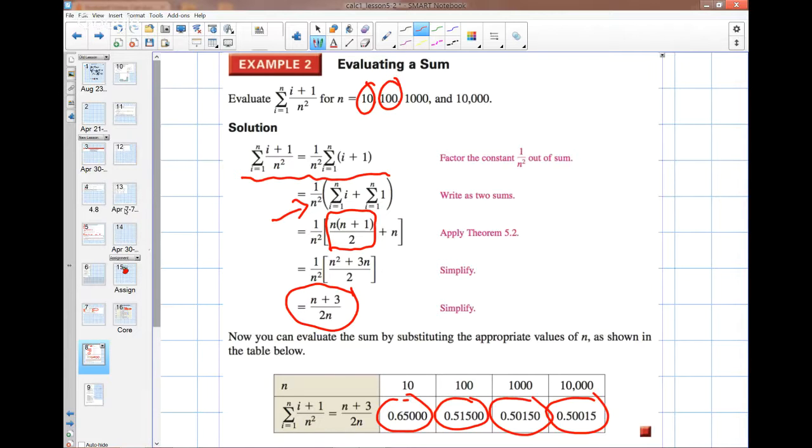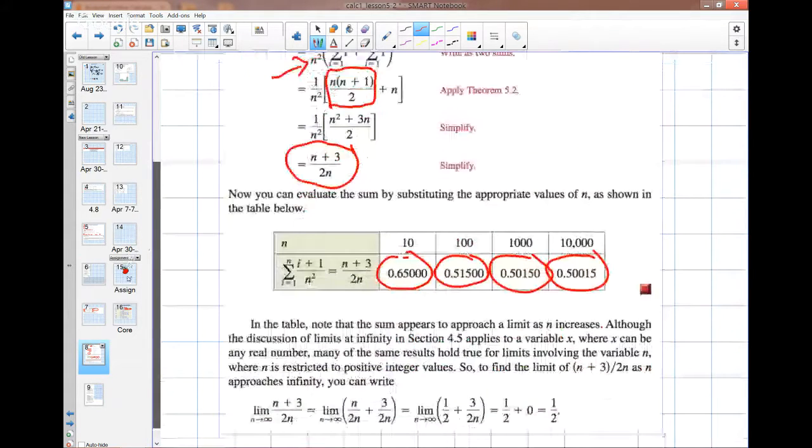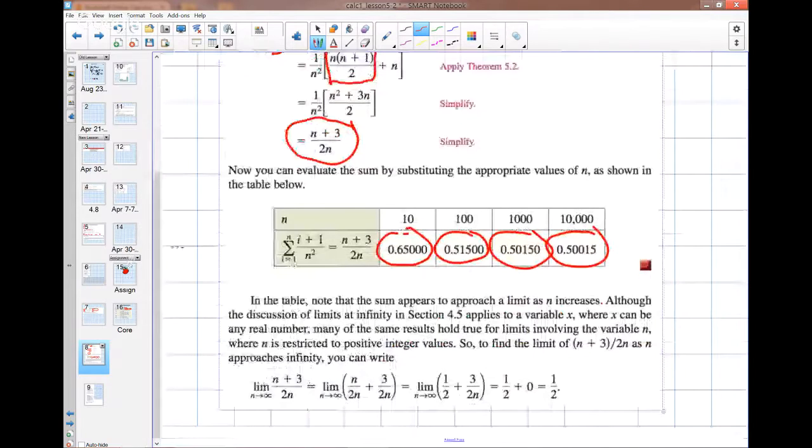And sure enough, if you look on the bottom, well, what's the limit of n plus 3 over 2n? All we did was take this expression, and now let's take a look at its limit as n approaches infinity. And you can split it up and look right here.